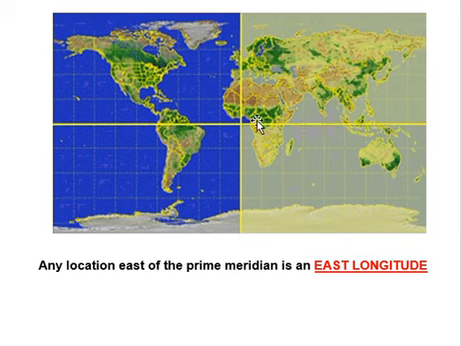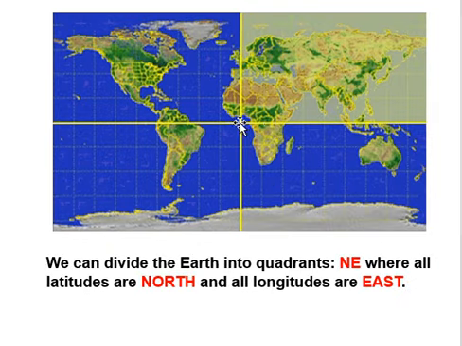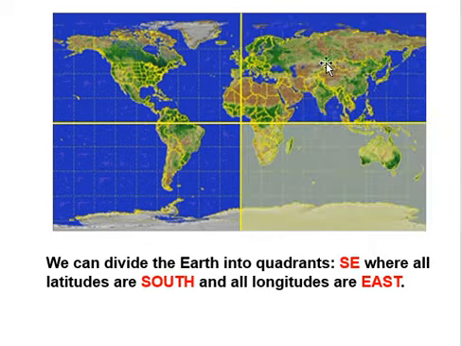So with this, we can identify specific quadrants or quarters of the Earth. For example, north of the equator is a northern latitude, which is east of the prime meridian. This is the northeastern quadrant. South of the equator is south latitude, and east of the prime meridian puts us in the southeastern quadrant.